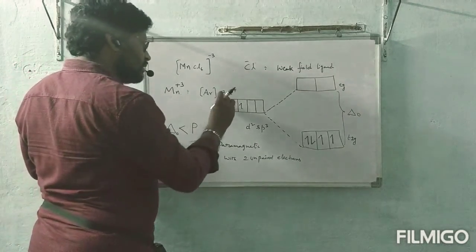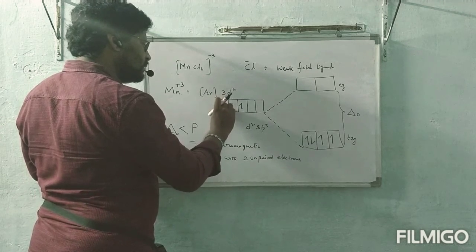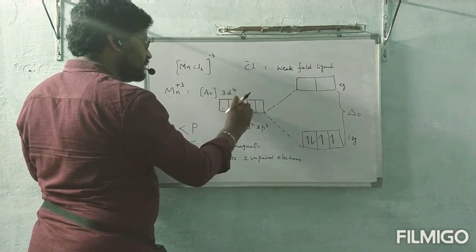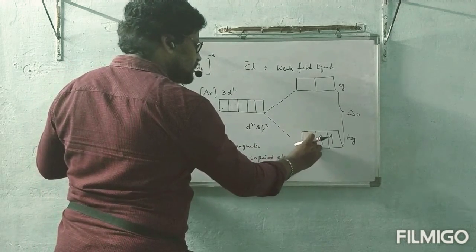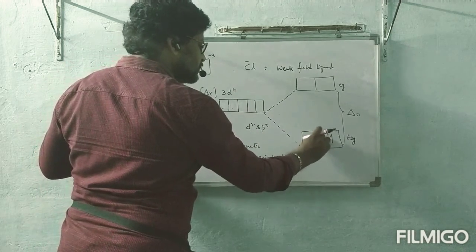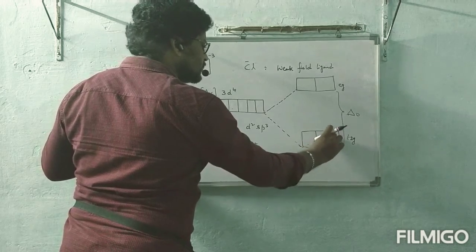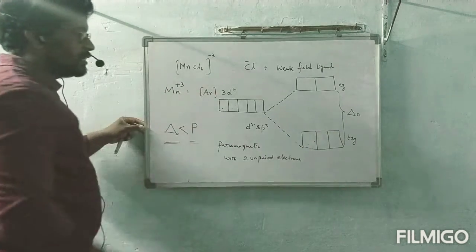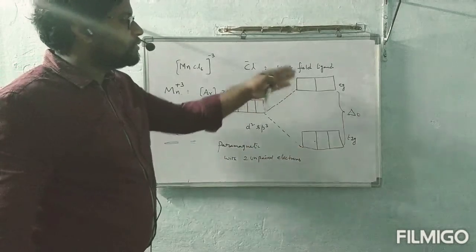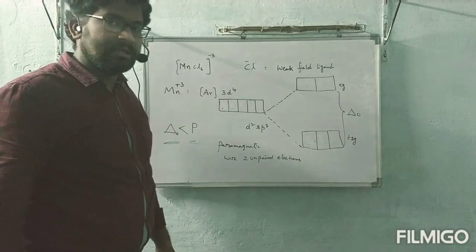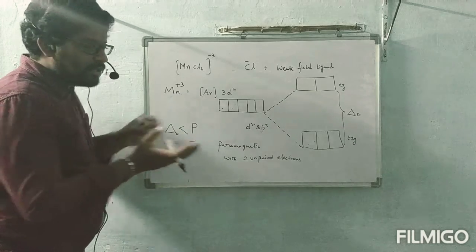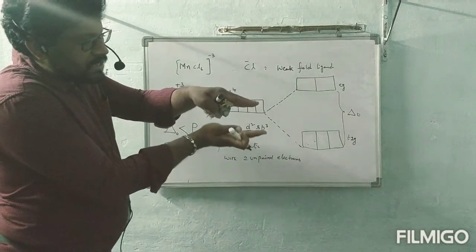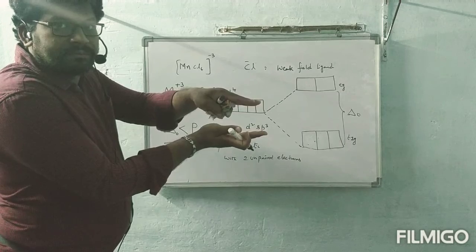Then what is going to happen? These 4 electrons I am not writing now. The splitting of energies will be the same. This is also an octahedral complex, so 3 orbitals will be below and 2 orbitals will be above. Correct. But the thing is, delta naught is less than P. It means these 2 energy levels are near each other.